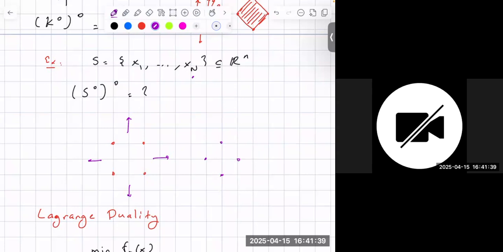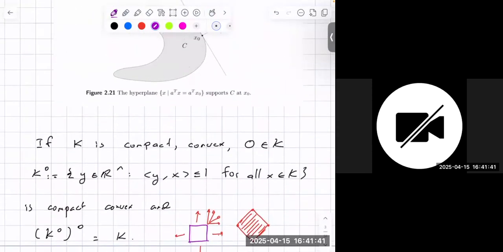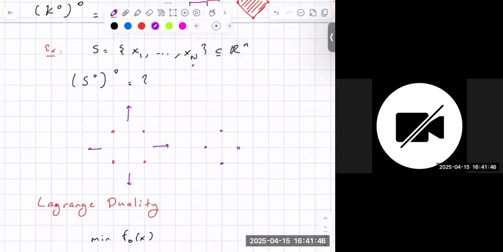since in the definition, I have x times y less than or equal to 1. These dots I put are the stuff that gives me literally equal to 1. But things that are smaller are also okay. So the dual of this shape comes out as a convex thing.